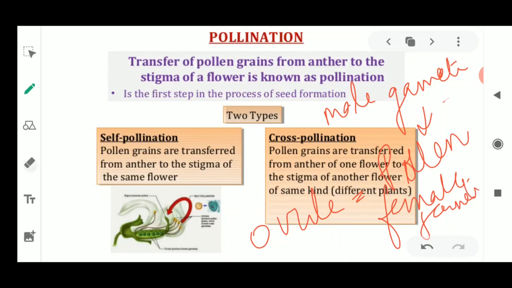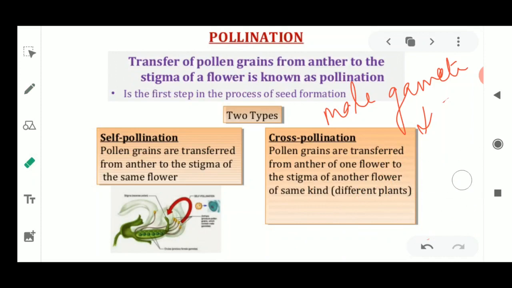Please remember that the ovule, the female gamete, is present in the ovary, and the male gamete is present in the pollen grains in the anther. That is why pollination takes place, so that the pollen grains which contain the male gamete reach the female gamete.